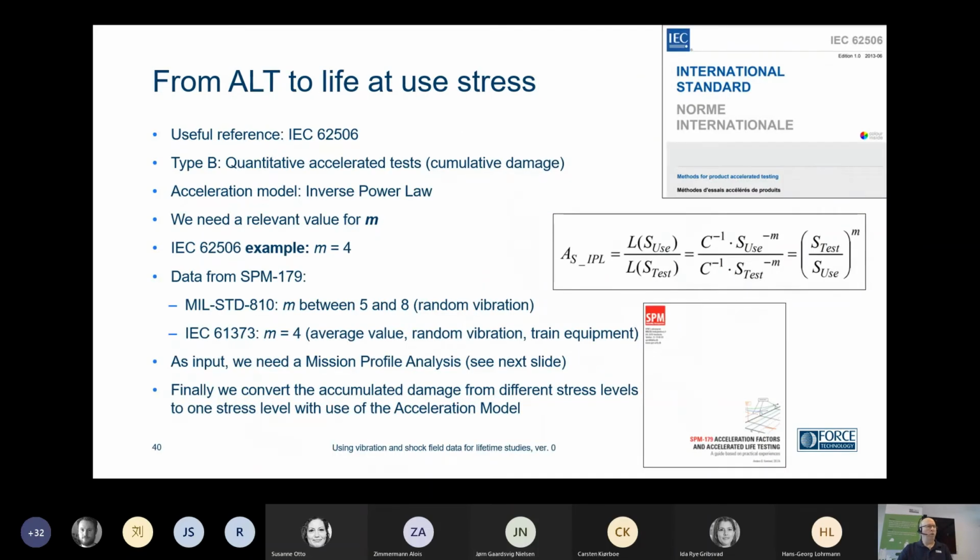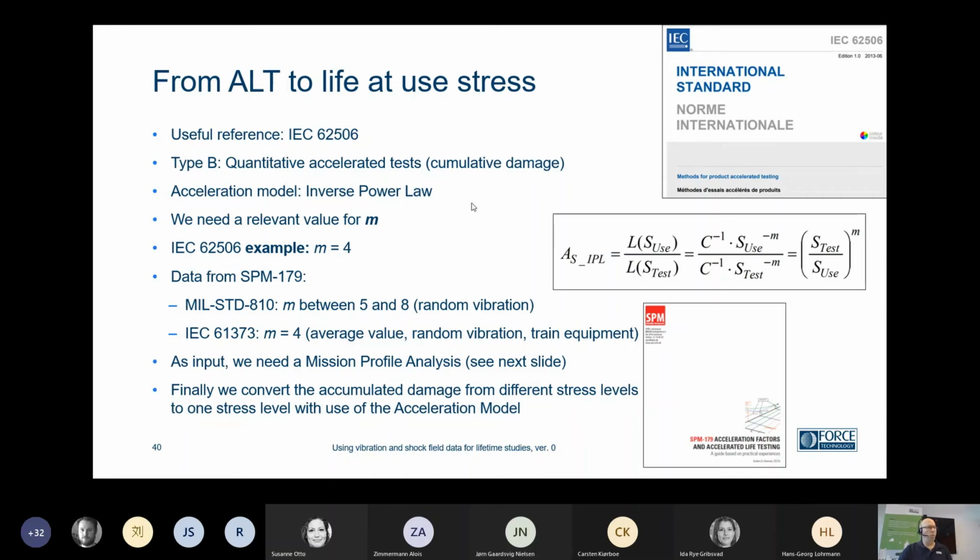So now we're getting closer to the end. We have an accelerated lifetime, and now we want to find what the life is at the use stress level. Once again, the test man likes standards, and here we have the standard IEC 62506. That's methods for product accelerated testing, and in this one a type B test is called a quantitative accelerated test.